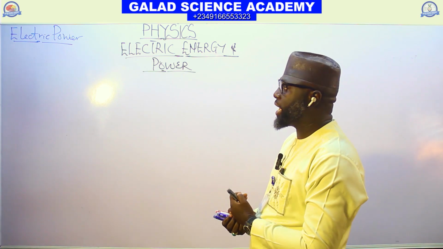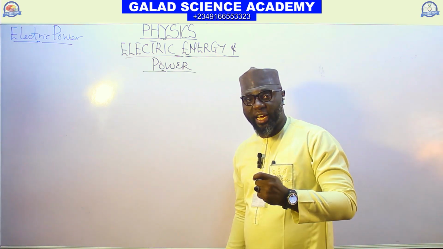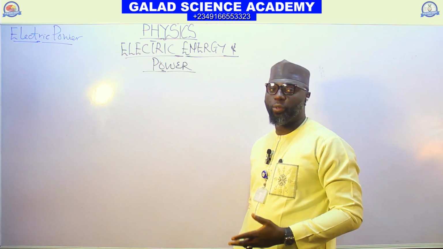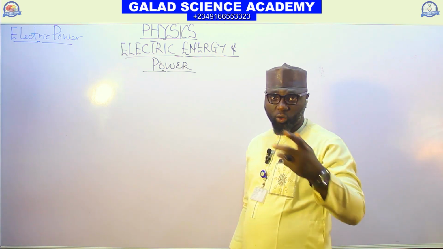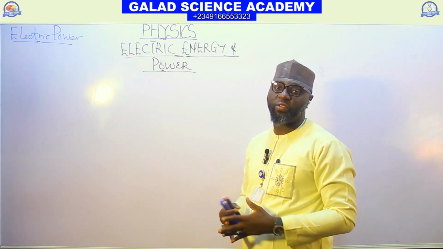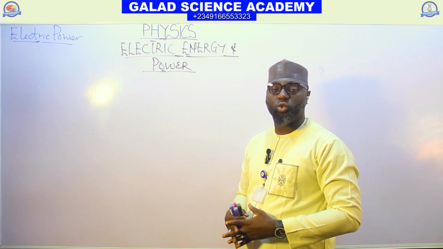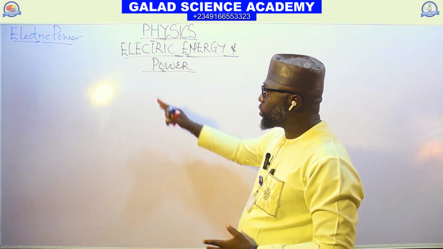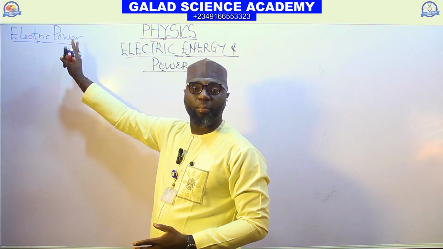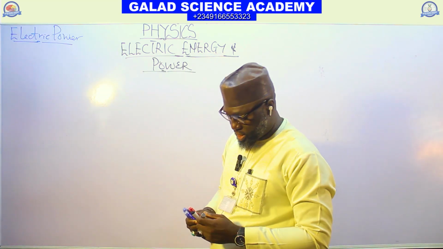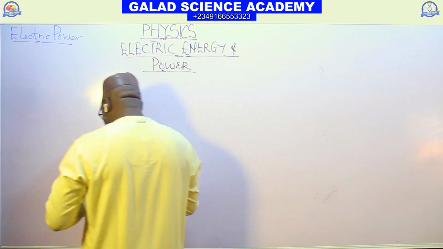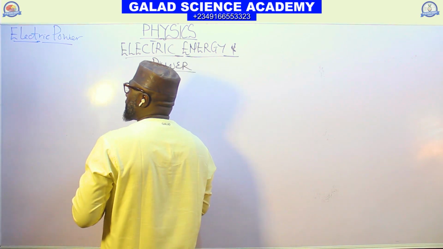Electric power is the rate at which the energy is used up. The rate at which the electrical energy in the circuit is being transferred to another form is what we call electric power. And power is measured in watts.